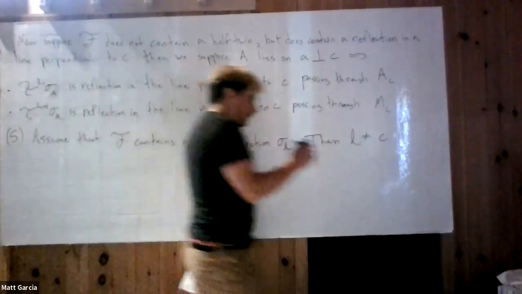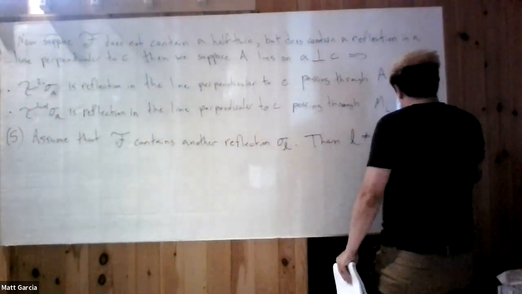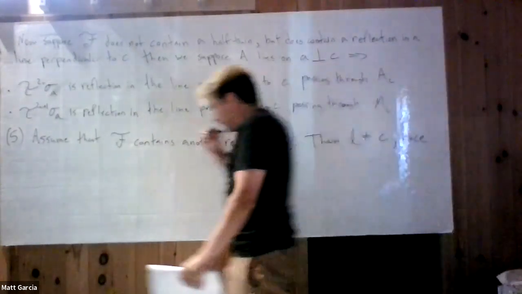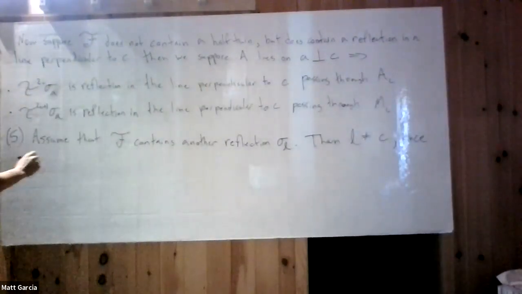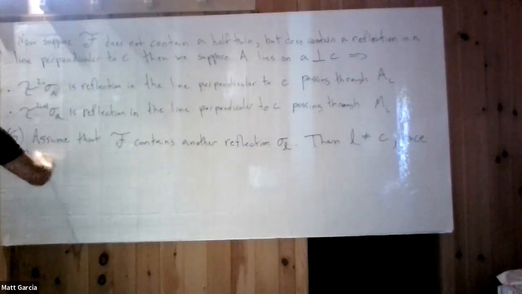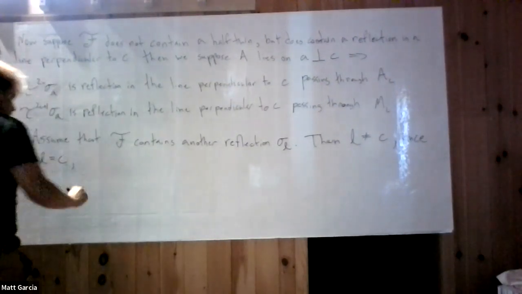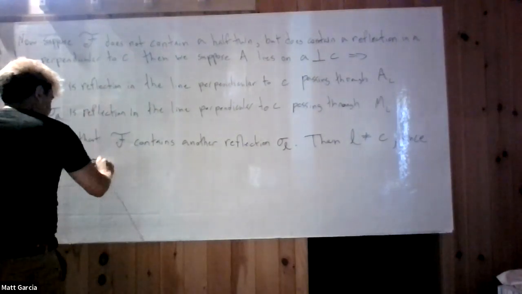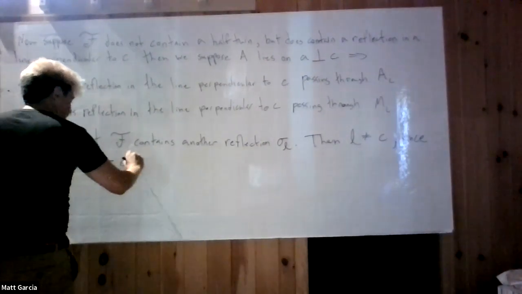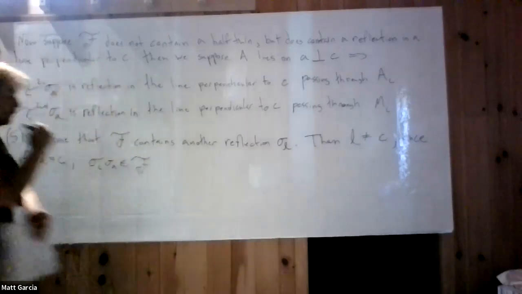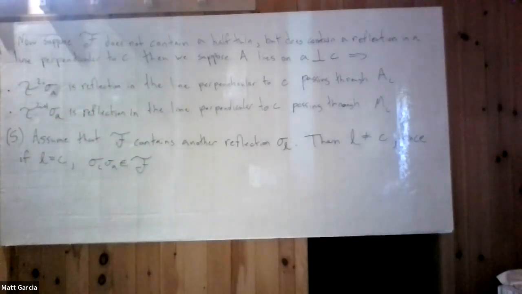Okay, well, if L did equal C, if L were C, then sigma C, sigma a would be in F. Now, why is this a problem? What's the relationship between lines a and C?